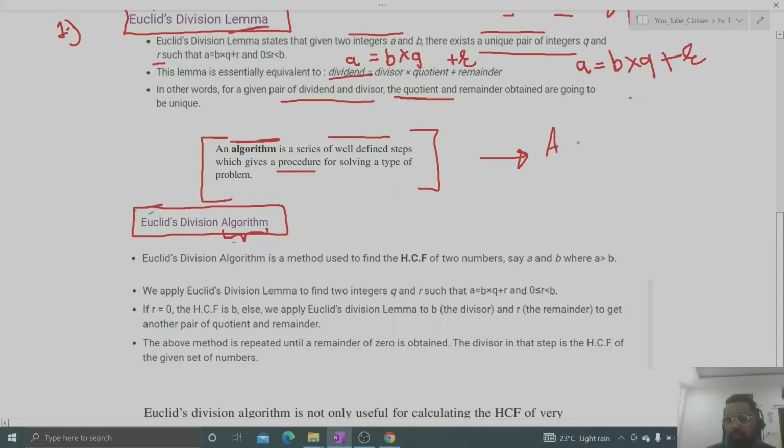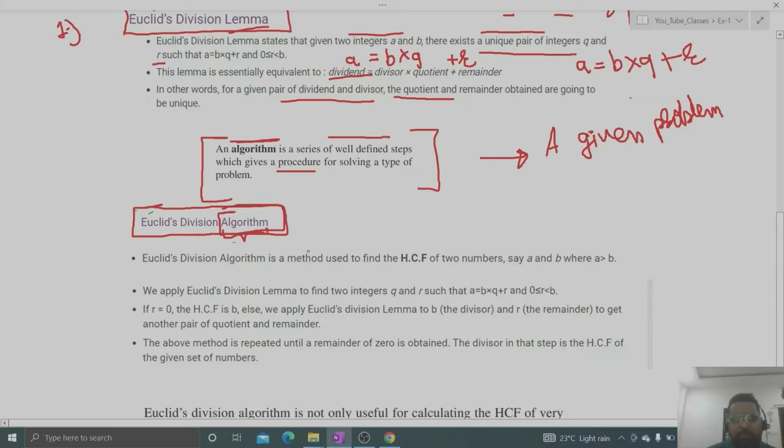If you want to solve the problem, you define the steps from the first step till the last step until the problem gets solved. This steps representation is known as the algorithm. That's why the word algorithm is used here, Euclid's division algorithm.